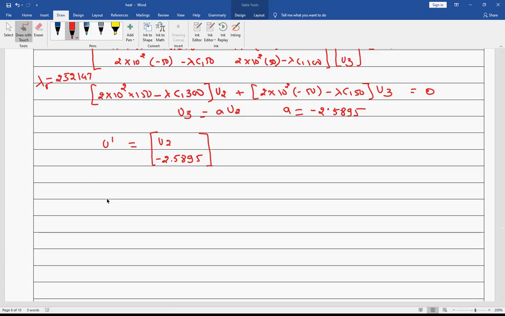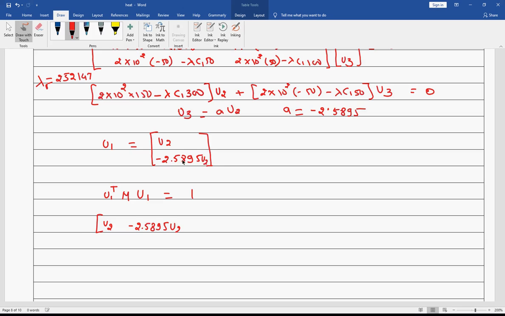Okay, so now next is orthogonalization, that is, now u1 vector. I need to write u1 transpose into matrix m into u1, that is equal to 1. This is the orthogonal property. So now my u transpose is u2, minus 2.5895 u2.